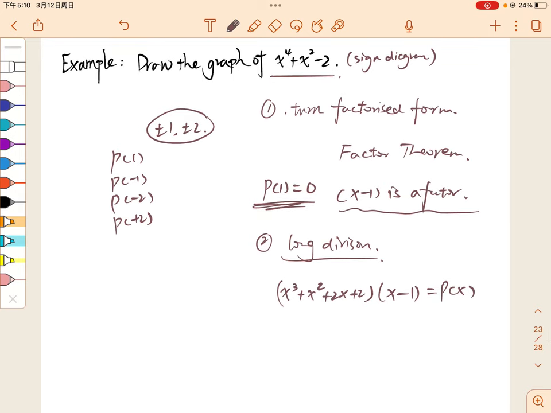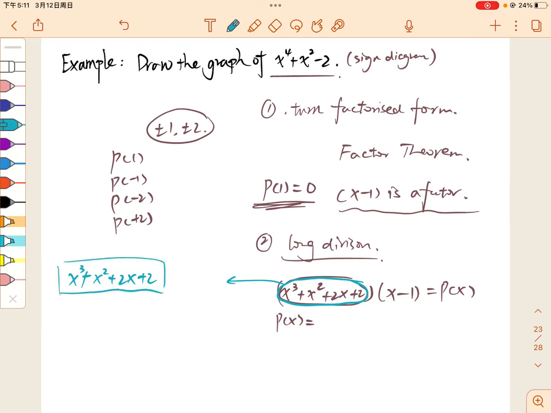So now I could have p(x) equal to, I further simplify this one, because this is still a cubic function. I write here x cubed plus x squared plus 2x plus 2. I try to factorize it.